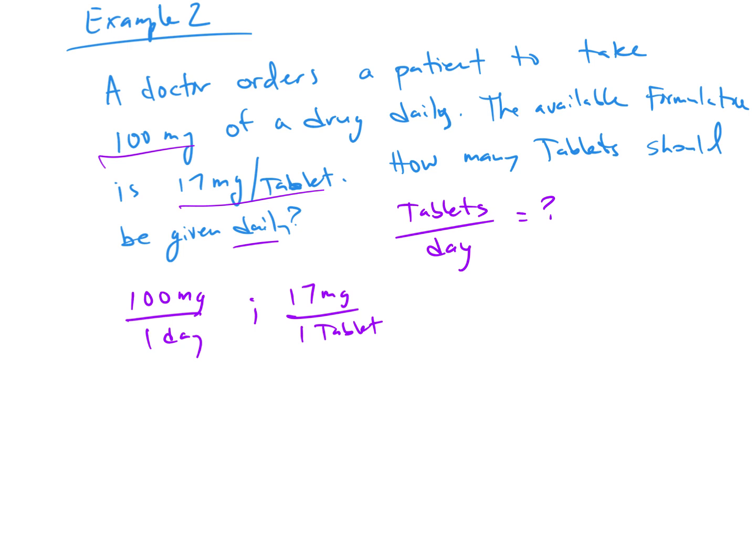Which one should I use? A good rule of thumb is start with what the doctor prescribed you. But it doesn't matter. And I can show you either way. Who wants to start with this one right there? Who wants to start with this one right there? No one? Let's start with that one right there.